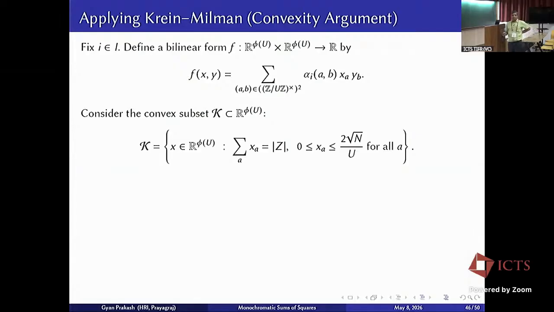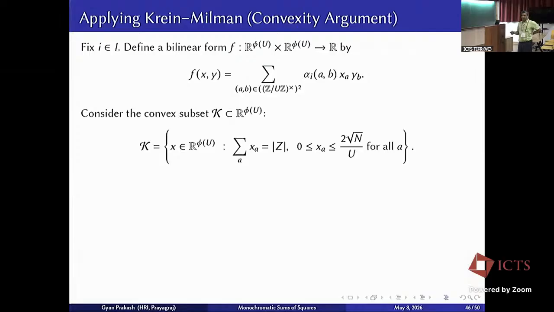Now, the Krein-Milman theorem says that given any compact convex subset, any element inside the convex set can be written in terms of convex combinations of the extreme points. So this R_uZC, which was an evaluation of this bilinear form on lattice points inside this convex subset, is less than or equal to the maximum of this bilinear form attained inside this convex set.